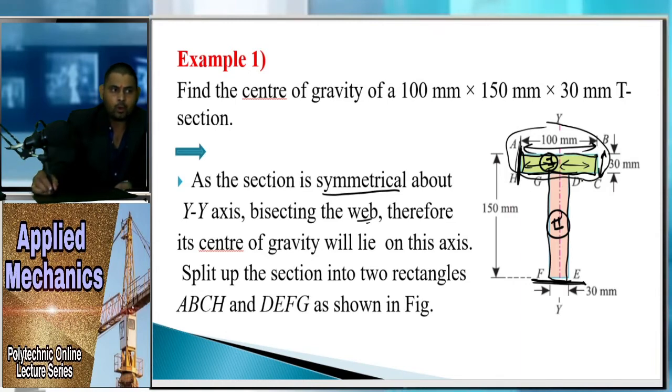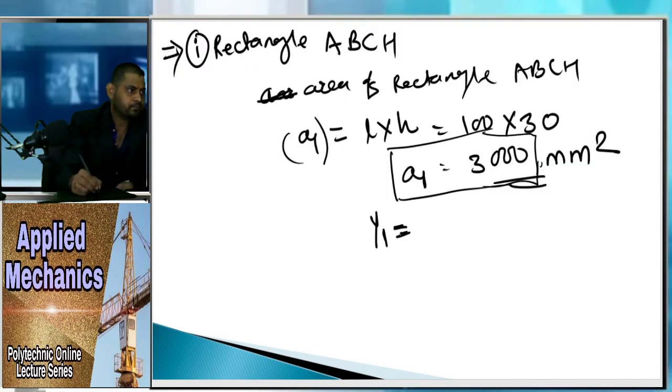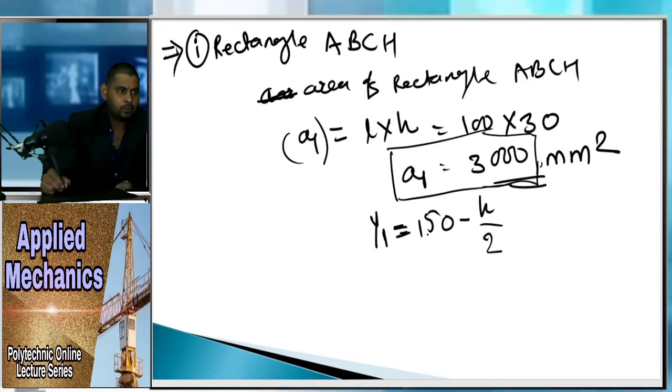So what is the formula for y bar? That is nothing but this height 30 divided by 2. So here we have to take 150 minus height divided by 2. So you have to take 150 minus 30 divided by 2.